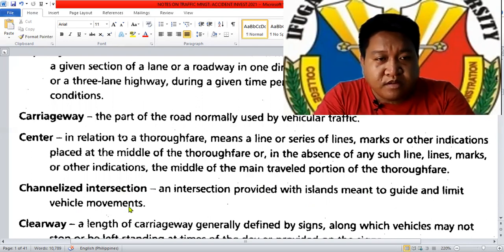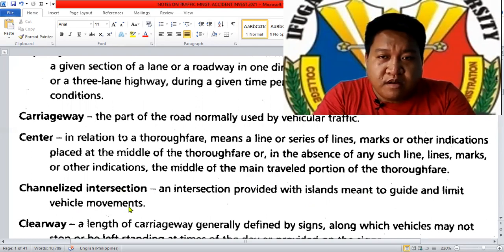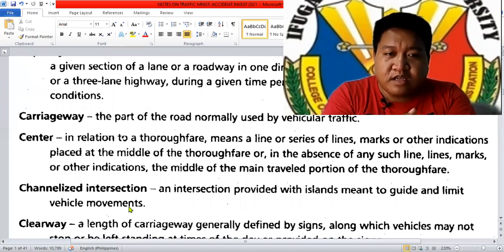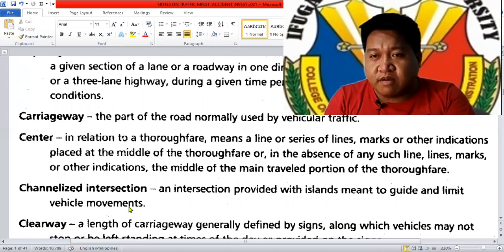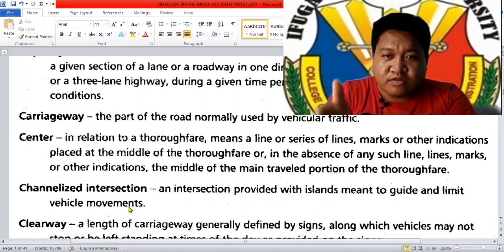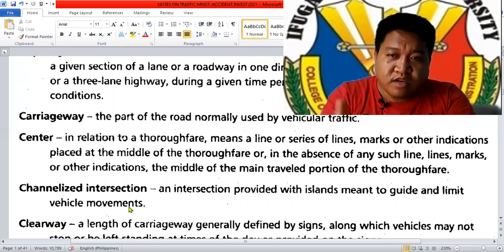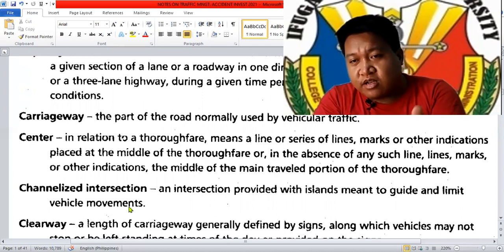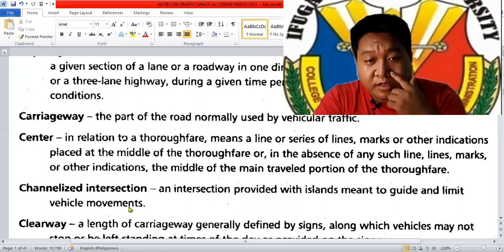Okay? So example, yung mga nilalagay especially sa intersection, no? May mga nilalagay na structure doon so that hindi kung saan-saan na dumadaan ang sasakyan, but they are guided kung saan liliko or didiretso, no?